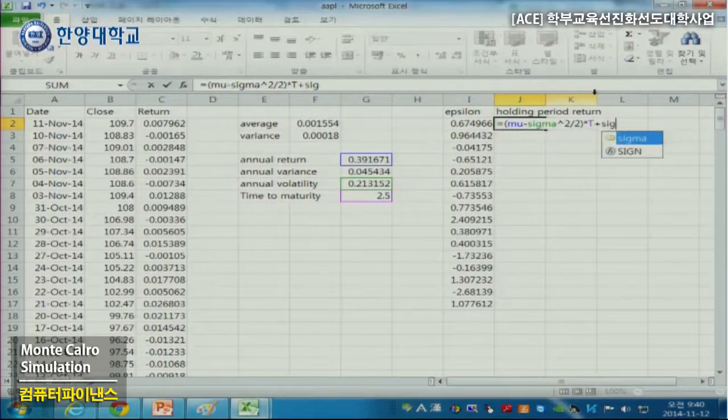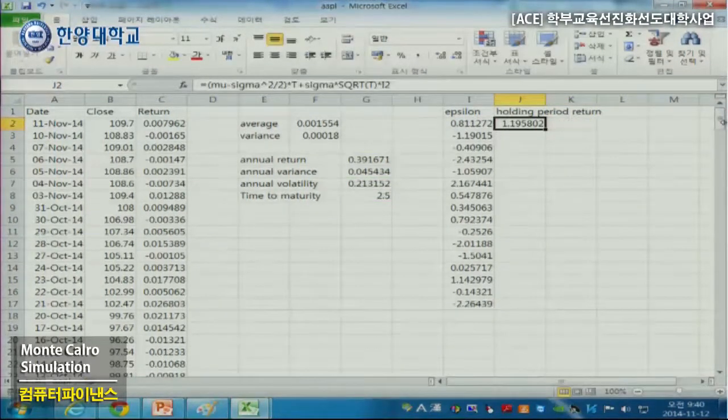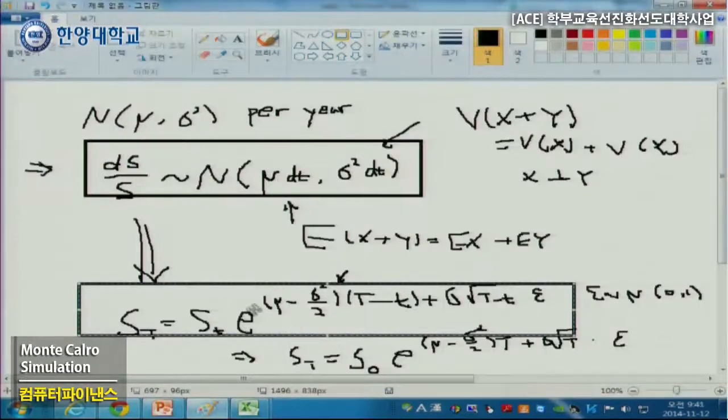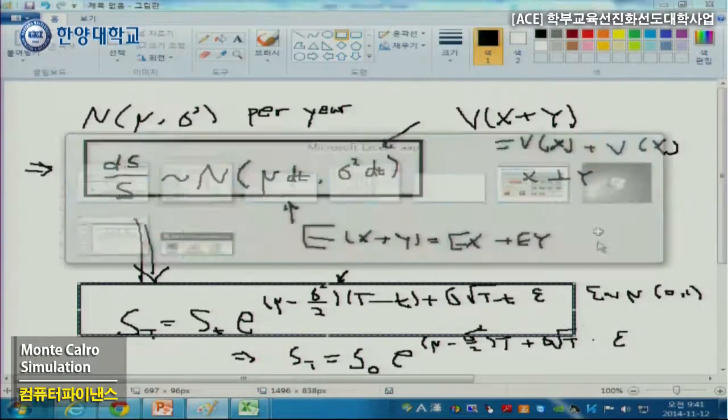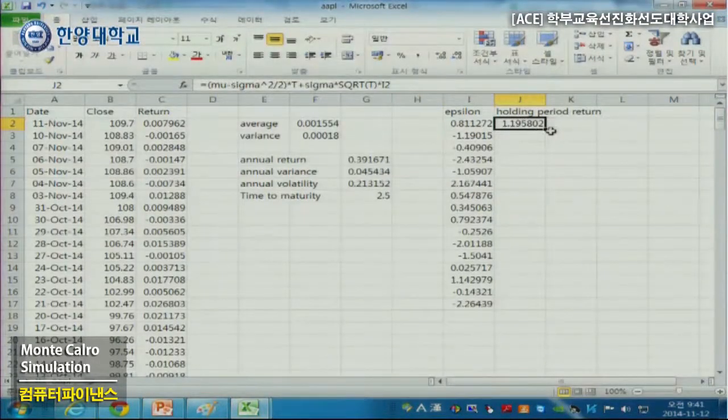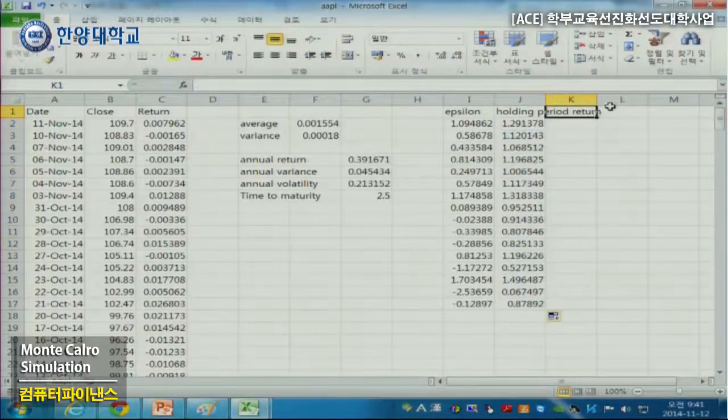Plus sigma and then square root of the t, and then this epsilon, right? So this is holding period return.